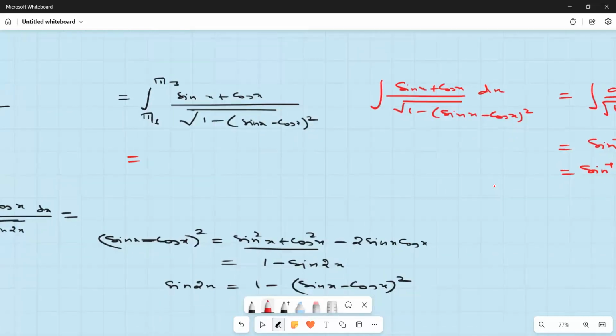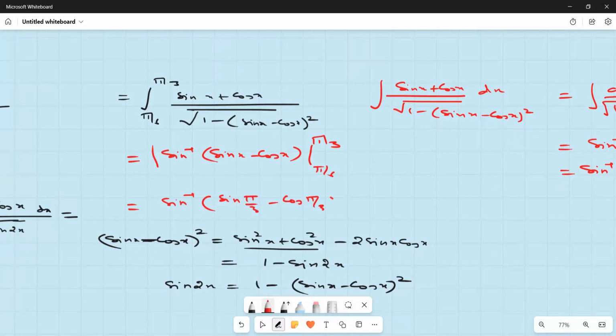So this is equal to sine inverse of sin x minus cos x, upper limit pi by 2, lower limit pi by 6. So let us substitute the upper limit: sine inverse of sin pi by 3 minus cos pi by 3, then minus sine inverse of sin pi by 6 minus cos pi by 6, right?